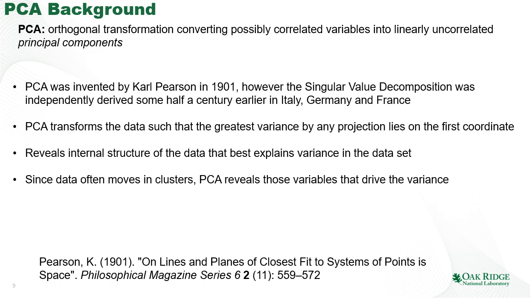As we discussed, it transforms the data so as to order the data set in terms of variance. It reveals the internal structure of the data set, and it often allows us to do clustering. As usual, a great description of PCA is given on the Wikipedia page, or if you're interested in the historical references, you can look at the original paper by Pearson.